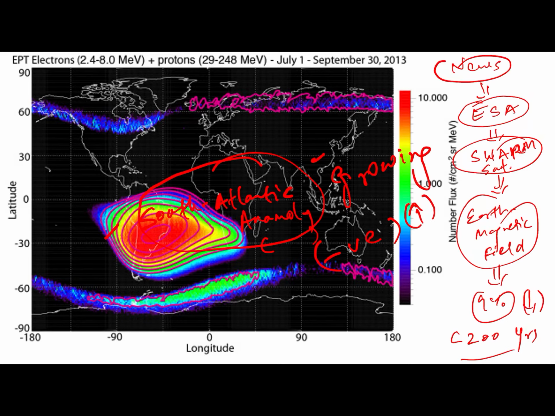And what does this actually mean on the ground? It simply means that the Van Allen radiation belt over the South Atlantic Ocean is very close to the earth. Generally the inner ring is around 1200 to 1300 kilometers from the ground. When it is moving over the South Atlantic Ocean, it comes closer and closer, up to 200 to 300 kilometers. At this height, there is a problem.